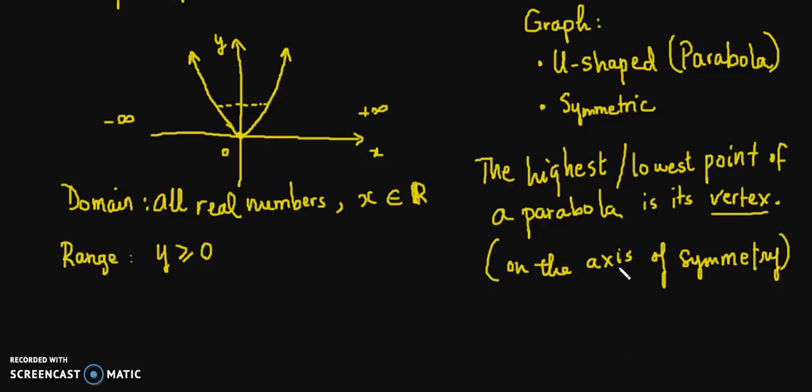For example, in this case, the lowest point of this graph, y equal to x squared, is 0. So this is the vertex, (0, 0), of this function.